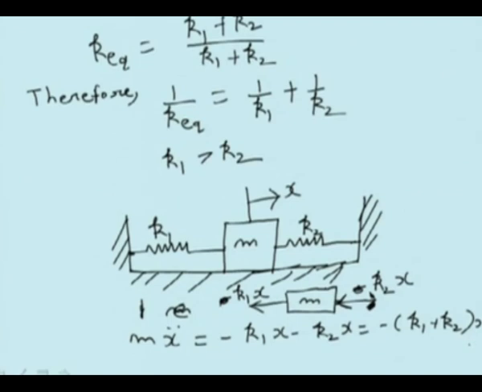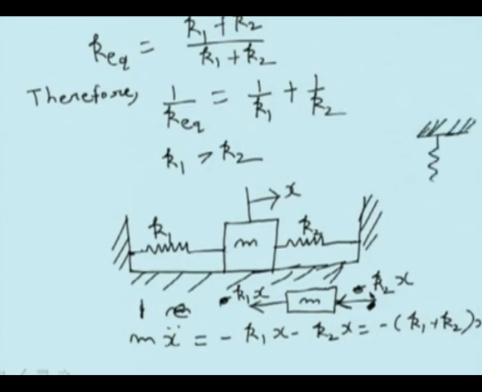So considering that springs are in parallel does not mean that physically they look like they are in the same line. If they undergo the same amount of displacement, then they are in parallel. If they are undergoing different displacements, then they are not in parallel, they are in series.